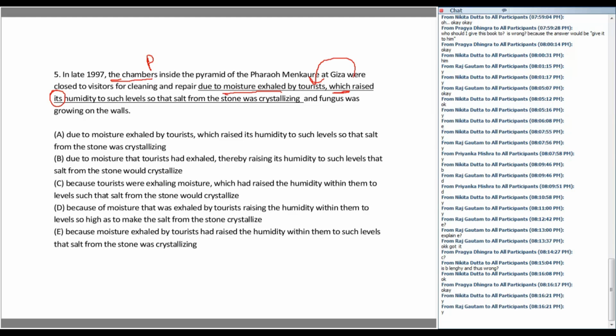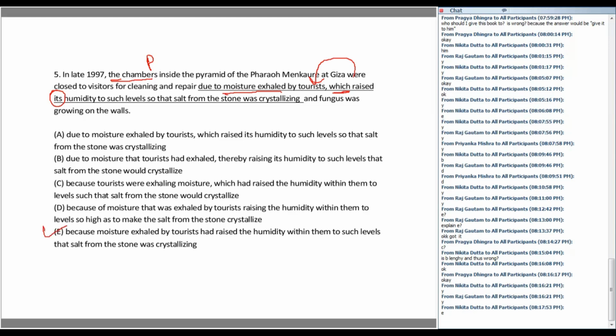I think the answer for this question is E. The chambers inside the pyramid were closed to visitors for cleaning and repair because moisture exhaled by tourists had raised the humidity within them to such levels that salt from the stone was crystallizing and fungus was growing on the walls.